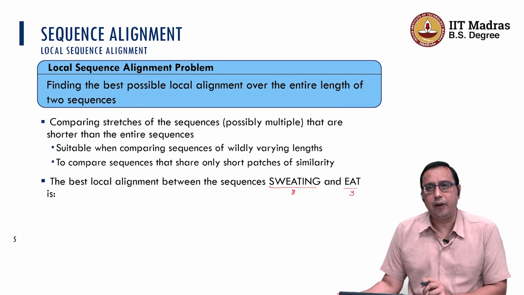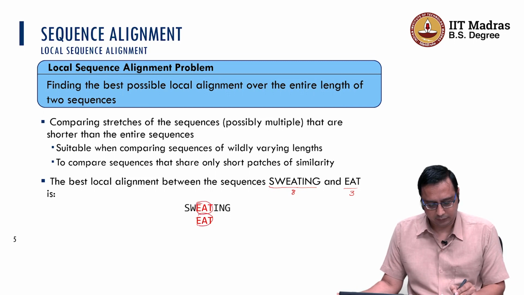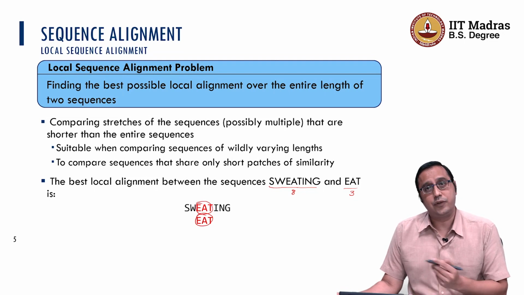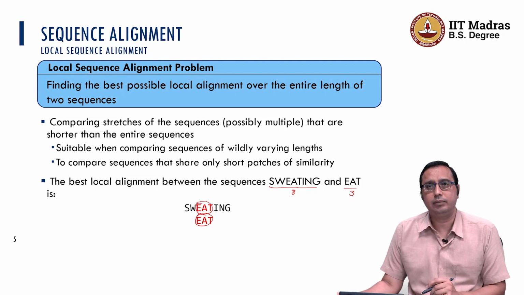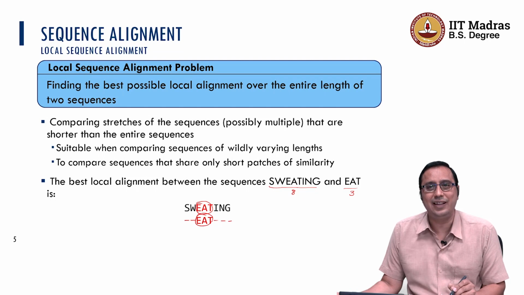If I try to find the best alignment between these two, you can see that it will align "eat" with "eat". Of course, I can formulate this problem as a global sequence alignment problem, and in that case there will be gaps, gap, gap, gap, gap, gap, except when we match E with E, A with A, and T with T.